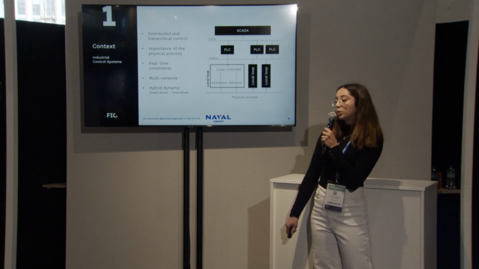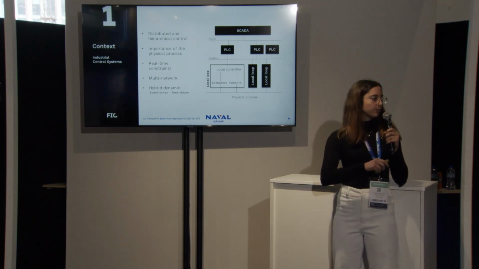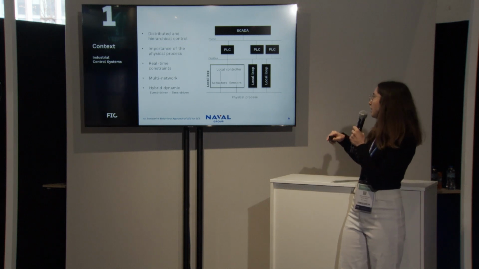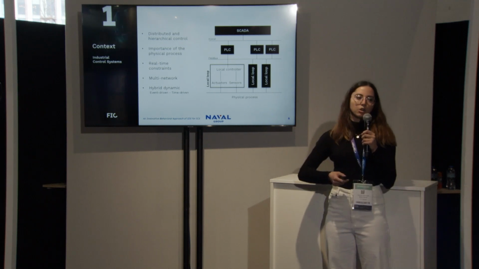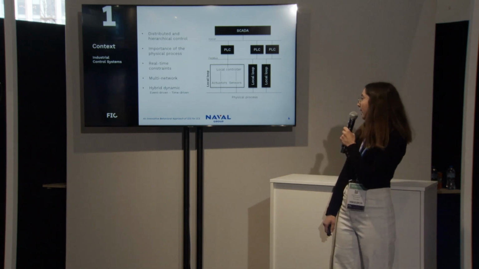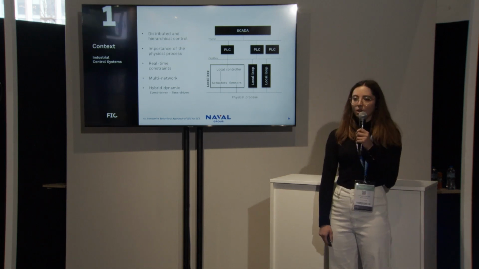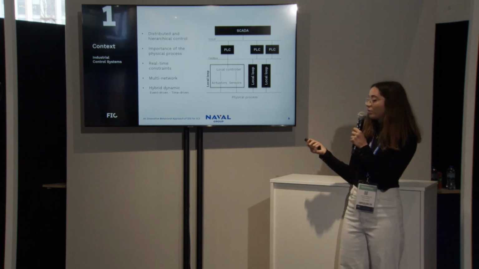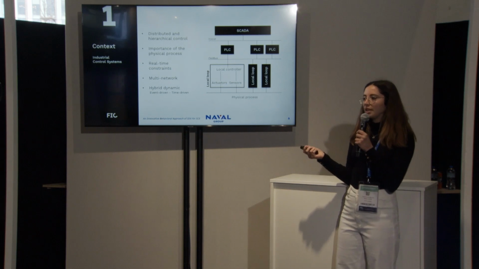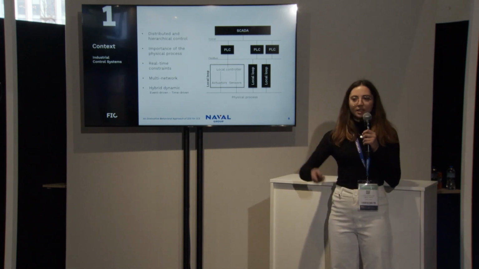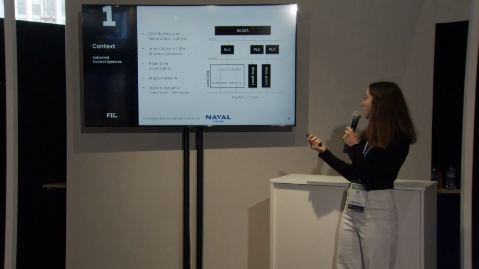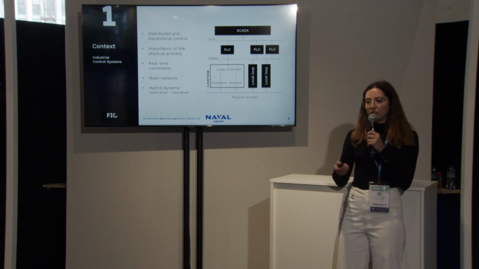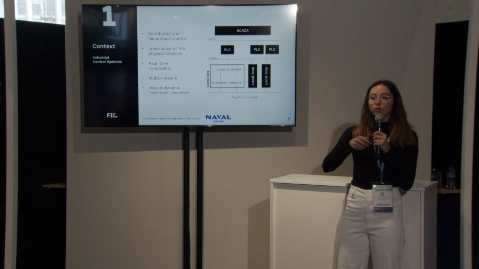And multi-network constraints: you will find field buses at the lower levels, and TCP/IP networks at the higher levels. And then hybrid dynamic, which is something that will be important for our work, with event-driven and time-driven. Event-driven is something like a rising edge of an actuator or something like that. And time-driven is, for example, a trajectory or movement that is evolving through time.